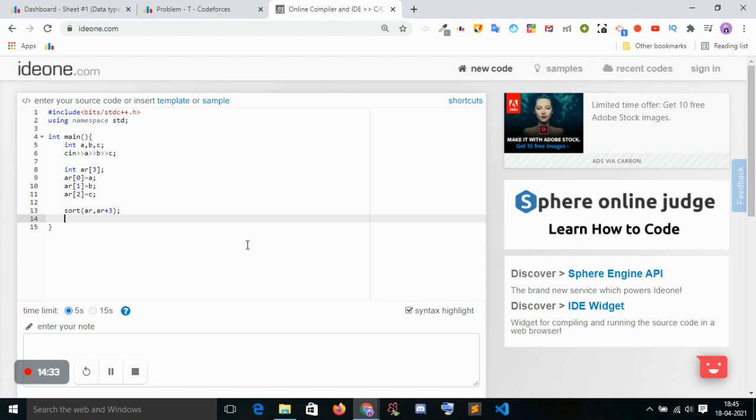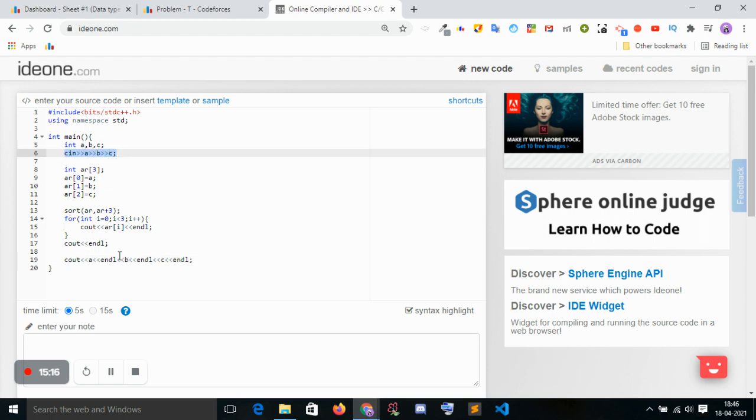After sorting we have to print it. So for int i equal to 0, i less than 3, i plus plus, cout array of i, and endl. After that we have to give the blank line: cout endl, and cout a, b and c, because I have read the input as a, b, c.